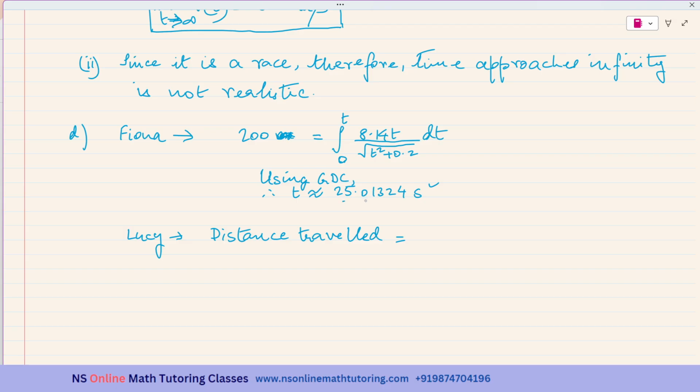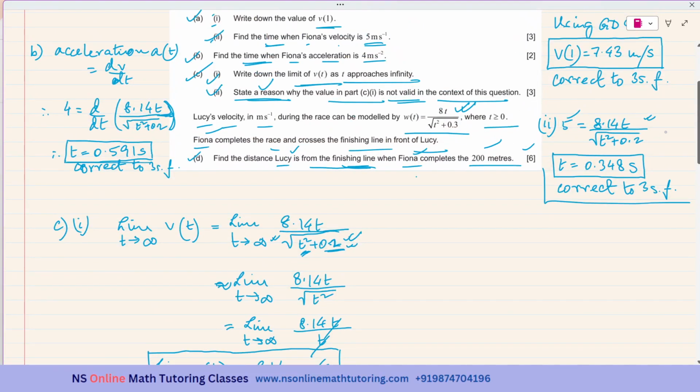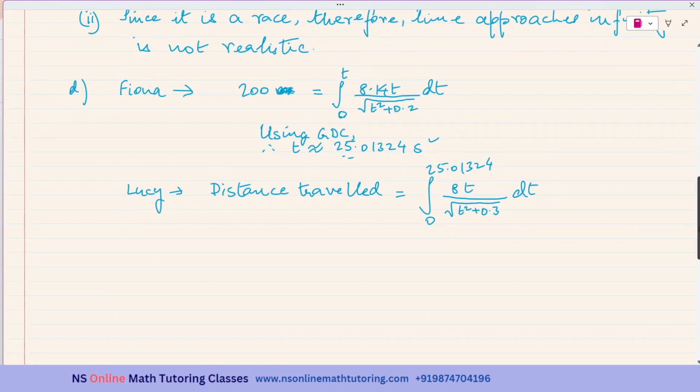It is from 0 to this. The upper bound will be this one, 0 to 25.01324, and it is 8t over square root of t squared plus 0.3 and dt. Let me check once more. Right? So now we have to find the value.